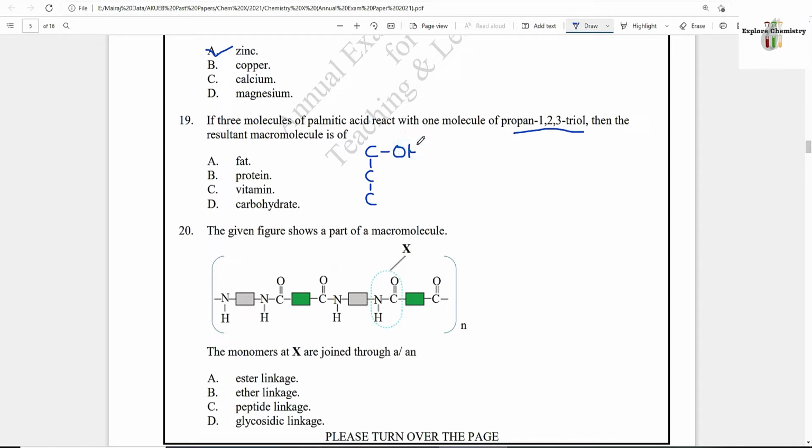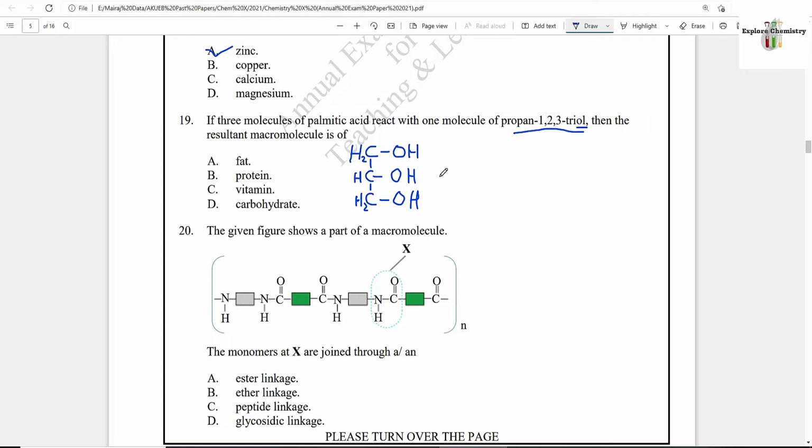Triol, ol is used for alcohol, for OH groups. The common name of this compound is glycerol. The name written in the question is the IUPAC name, propane 1,2,3-triol. This one is IUPAC name. Here one hydrogen will come to complete the valency of carbon, here 2 hydrogen.